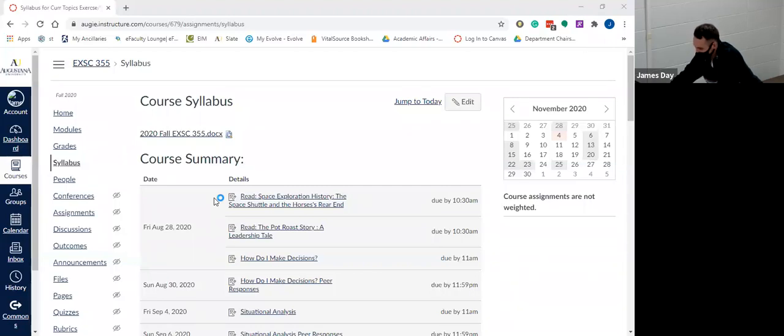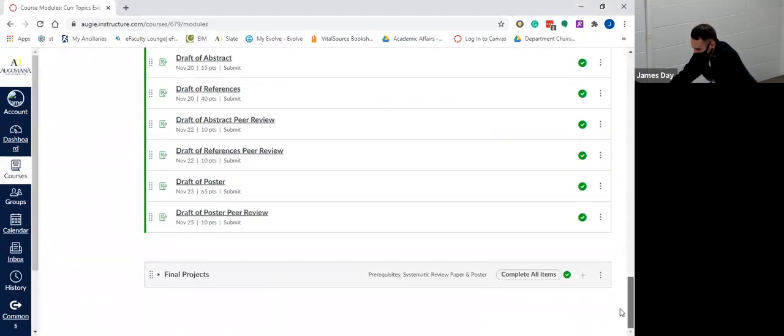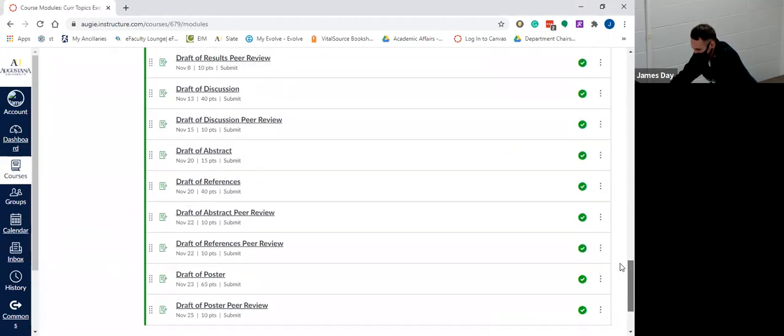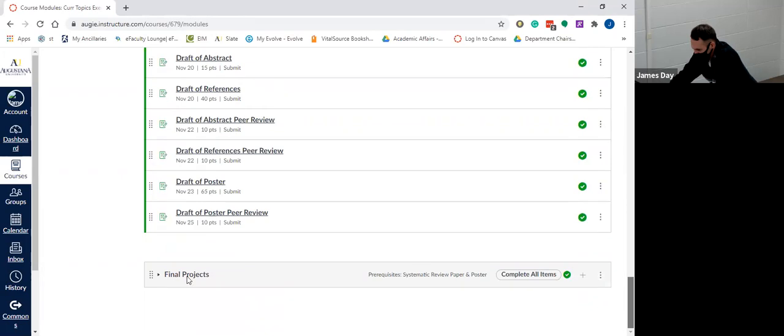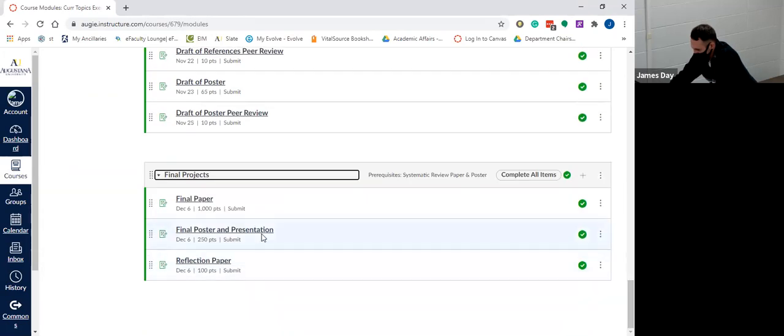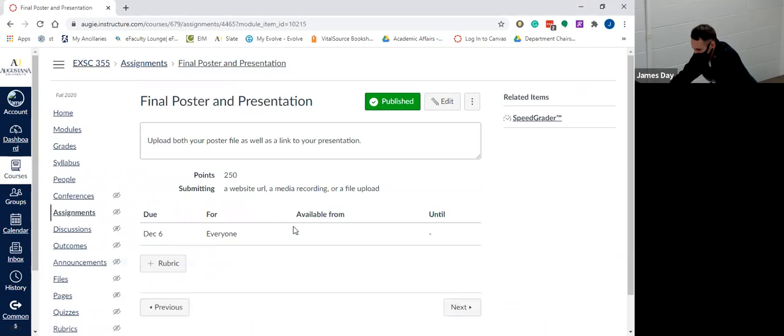Oh, it would be in the modules. That doesn't look good.